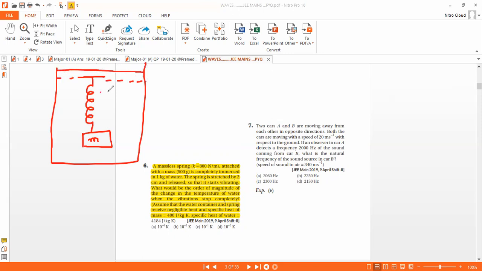Water is there. Now what happens: the spring is stretched by 2 centimeters and then released.